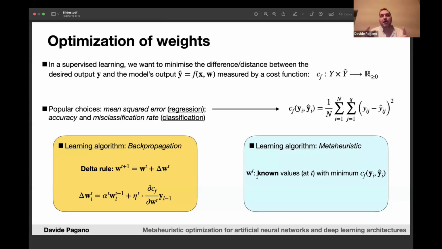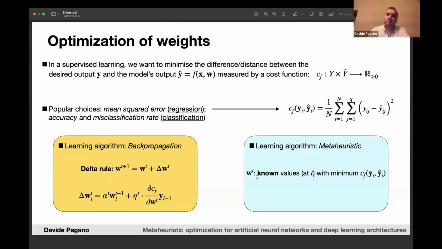Instead, the weight at iteration t is simply the values, as far as we know at iteration t, which give the best cost, so the minimum value for the cost function. Now, as you will see, I will show you an example at the end of this talk. This approach can be very convenient in several cases.